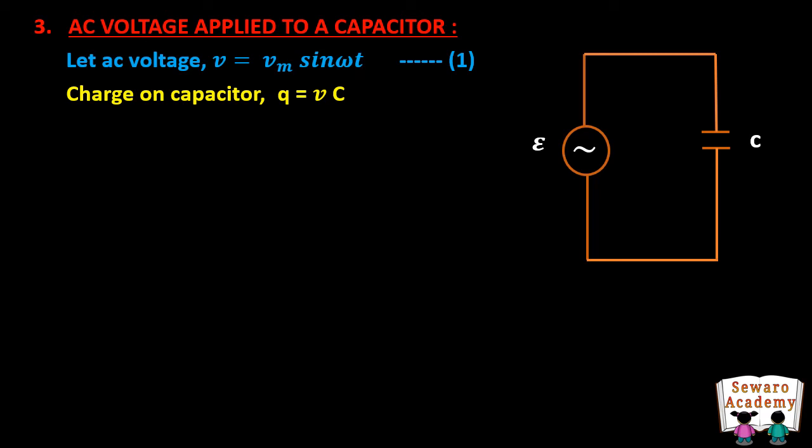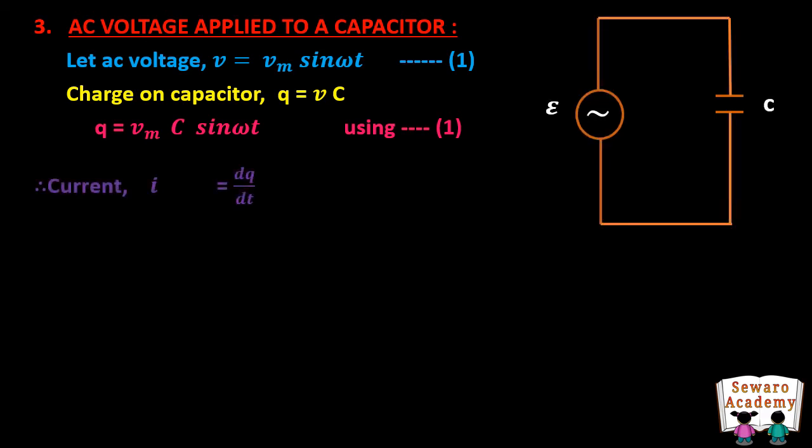Then the expression for the charge becomes Q equals Vm C sin omega t. Now using this expression for charge, we need to find the expression for current. There is a relation between the charge and the current: current equals the rate of flow of charge, so we can write I equals dq by dt.